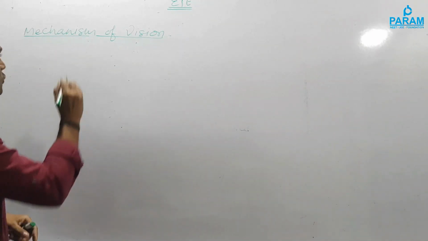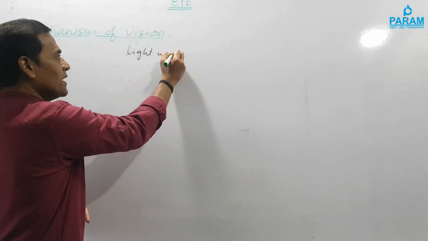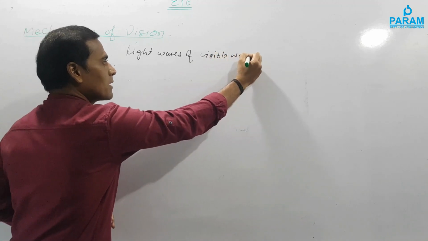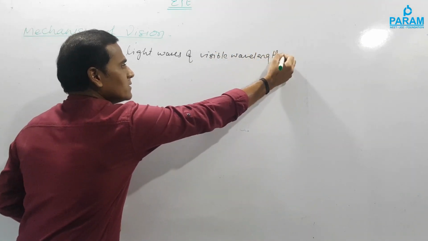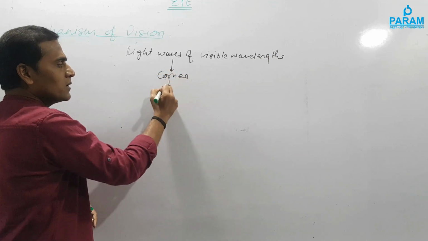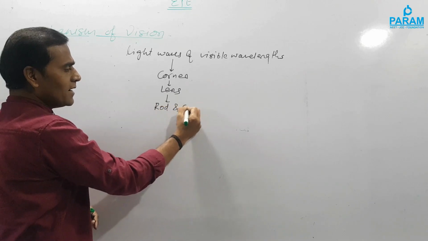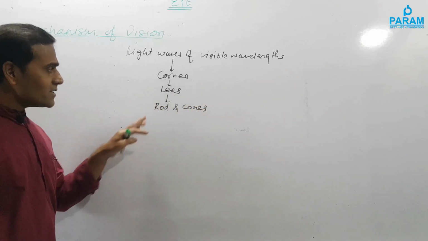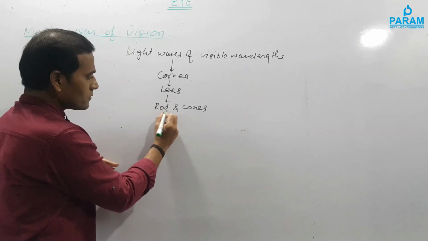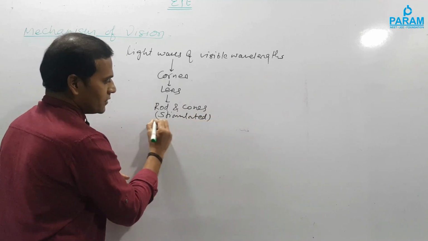So very first, light waves of visible wavelength enter your eye through cornea, then it will pass to lens and then on rods and cones. As this light passes on to the rods and cones, these are stimulated, right?